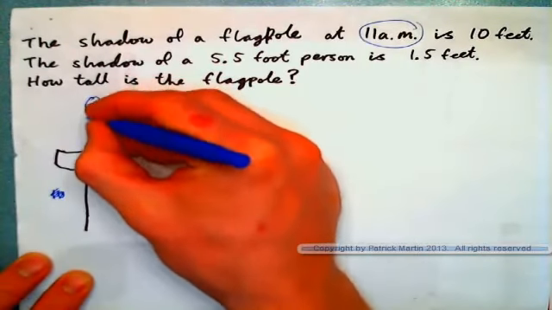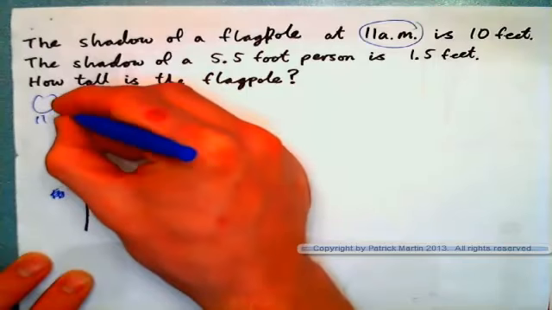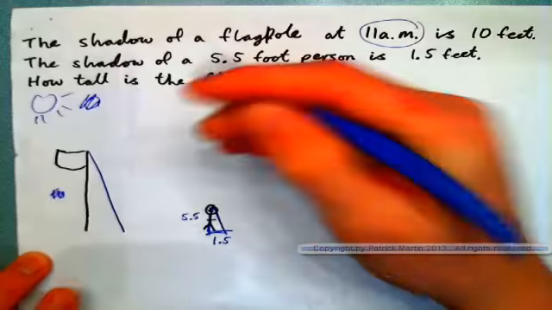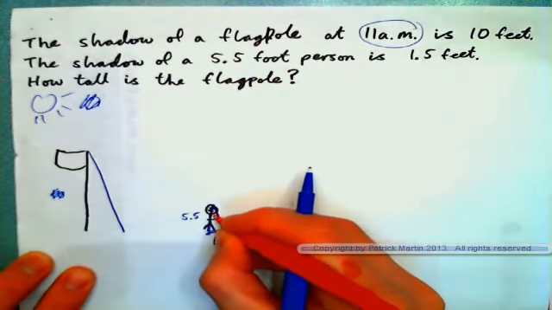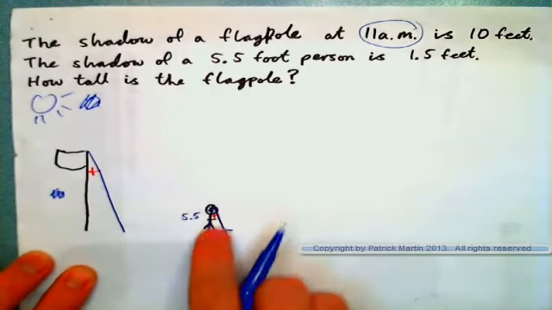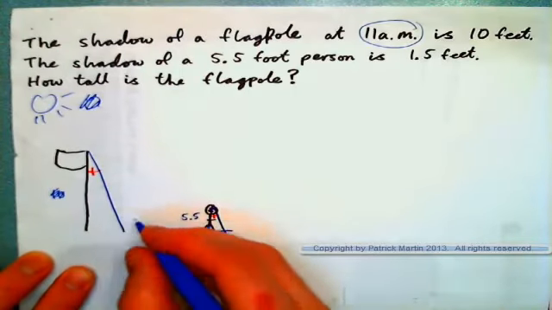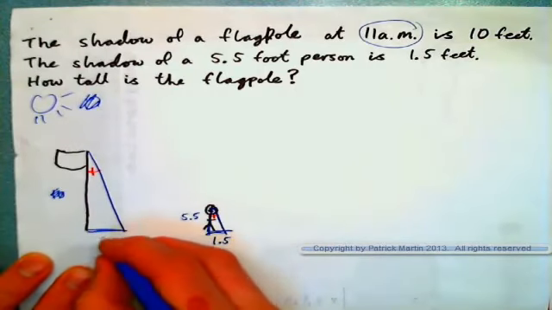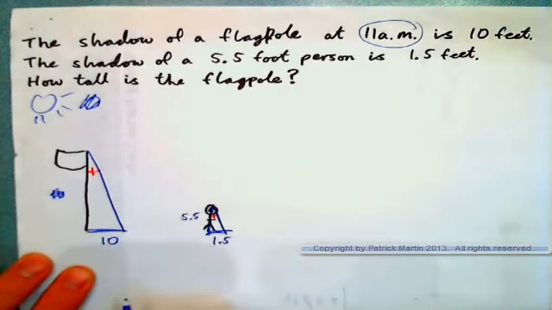The sun is over here, shining down, and it's giving the same angle. This angle here is the same for all shadows of all vertical objects. We're told that the shadow of the flagpole is 10 feet, but we don't know the height of the flagpole, so that's unknown.